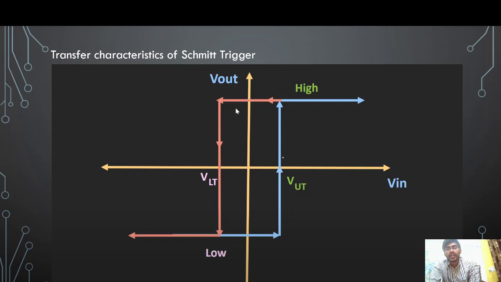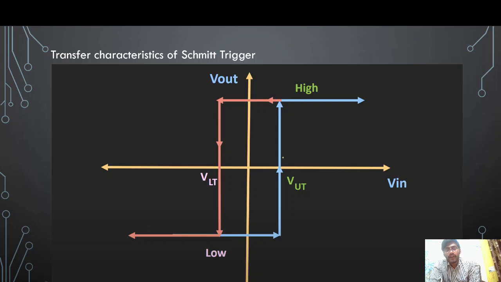As soon as your input signal goes below this lower threshold voltage, your output will become low again, and if the input signal goes further below the lower threshold, the output remains low. So this is how a Schmitt trigger can be represented using this transfer characteristic. The transfer characteristic is also known as the hysteresis curve for the Schmitt trigger.